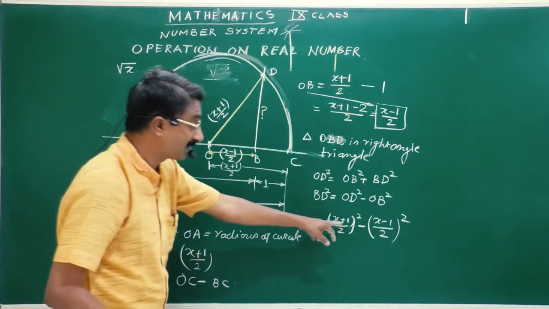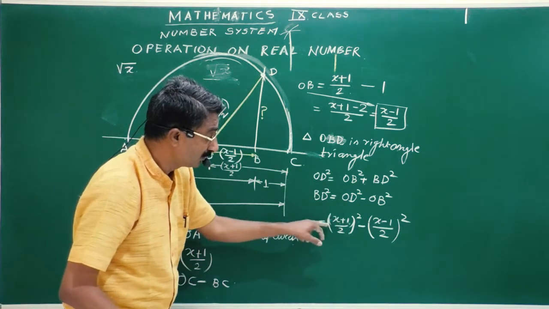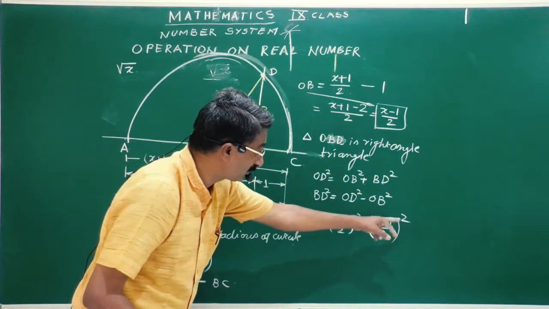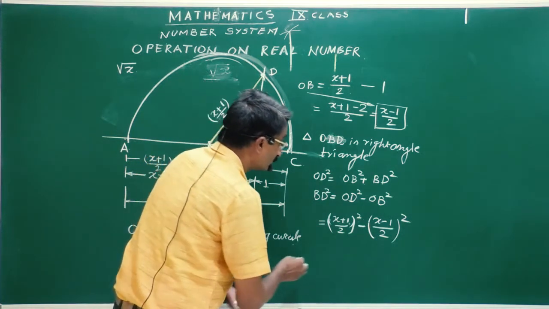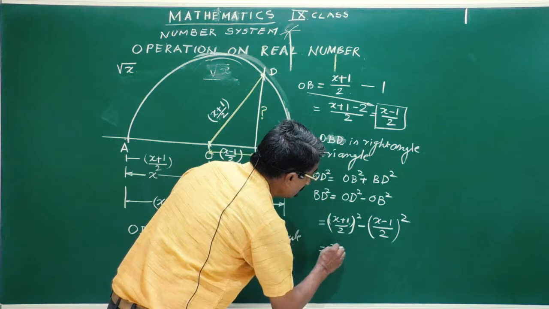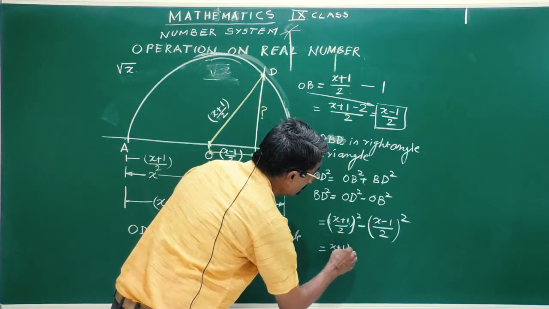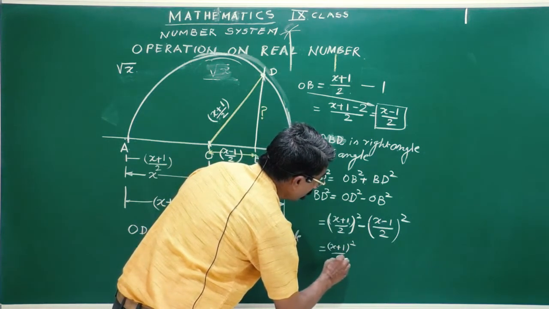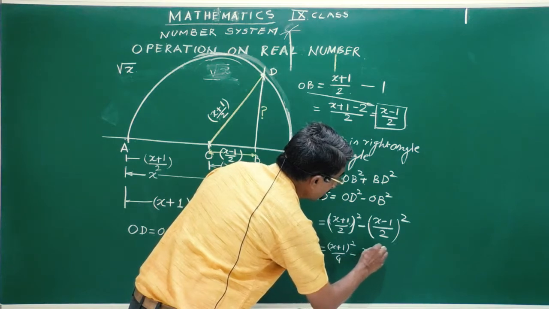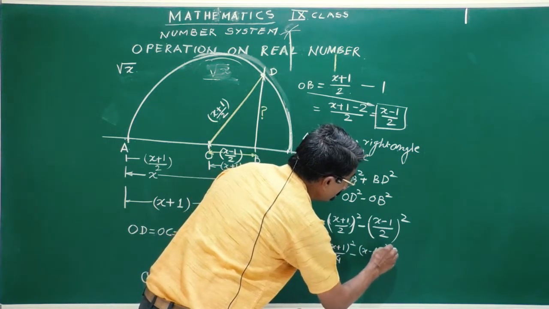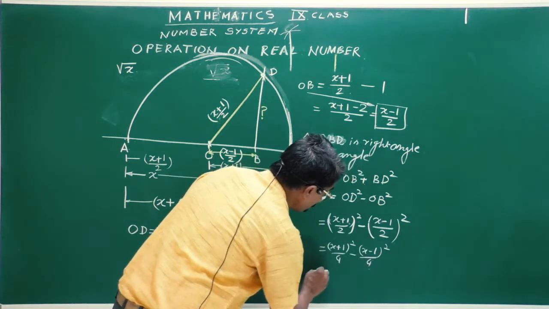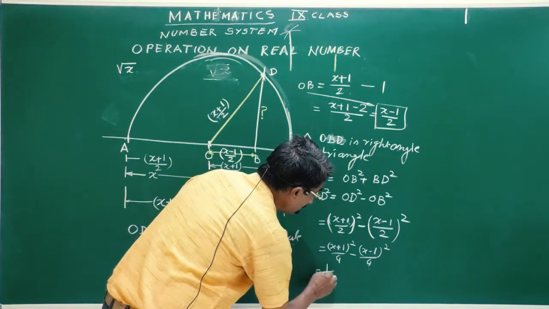So now this is equal to (x plus 1) whole square upon 4 minus (x minus 1) whole square upon 4.